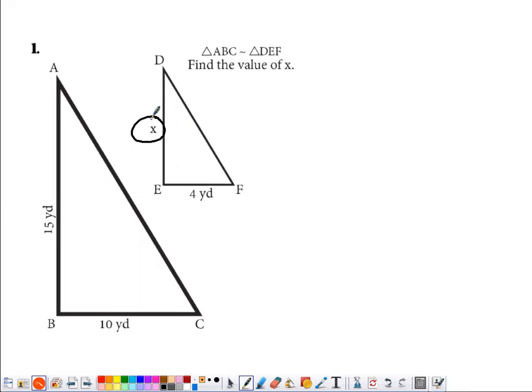Easy. Value of x is the length of what side? AB. So let's highlight our corresponding sides. You do that on your own. Highlight your corresponding sides. Color them.